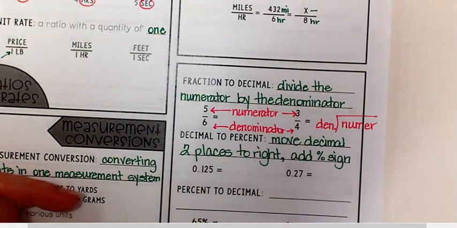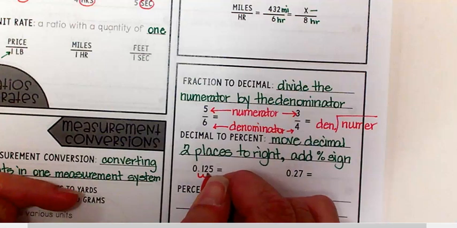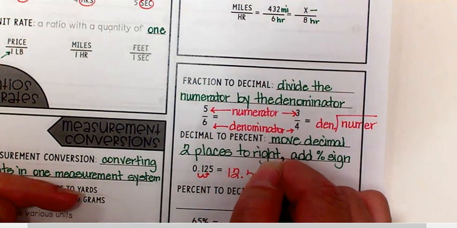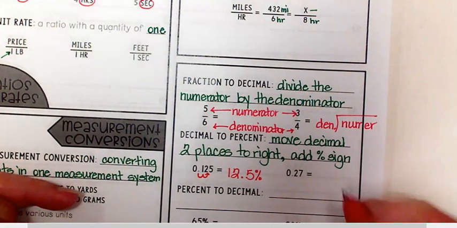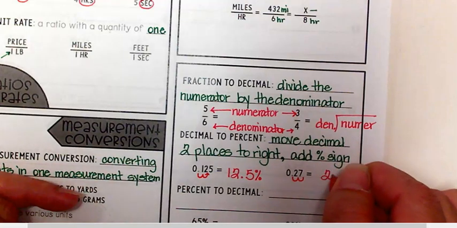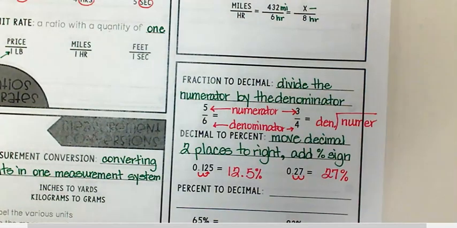So for instance here, 0.125. Move the decimal 2 times to the right, and that is 12.5%. 0.27, that is 27%.